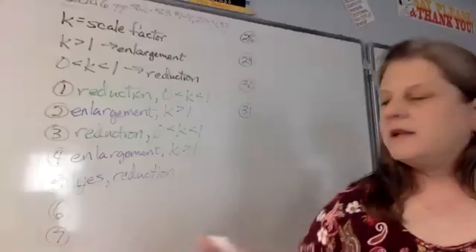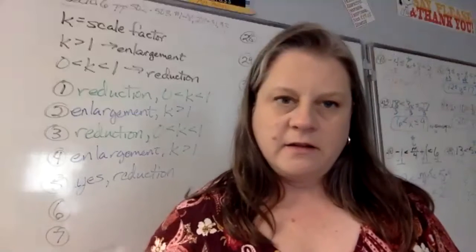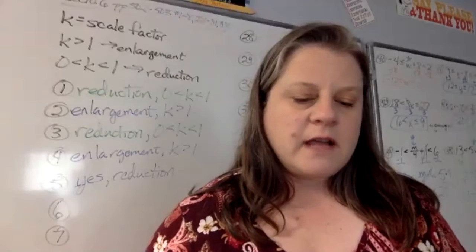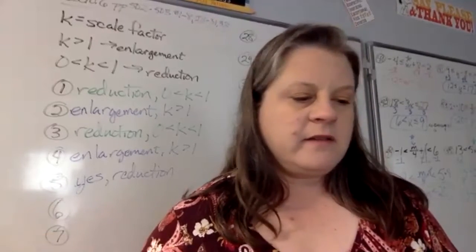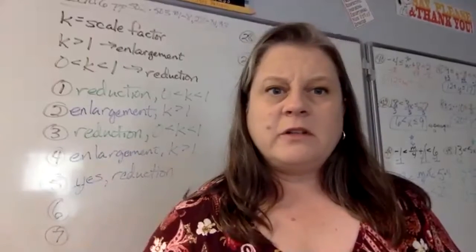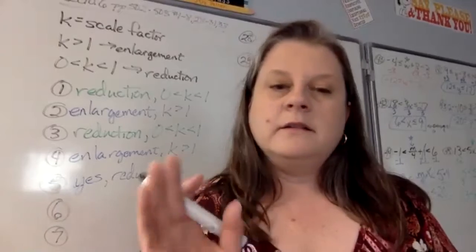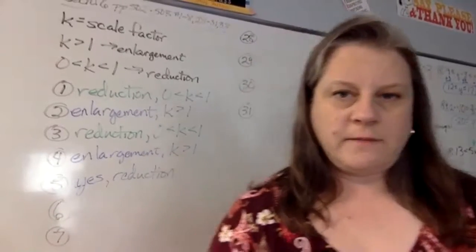Okay. So that's what I'm worried about. I'm not worried about you all actually figuring out K on this one. Because if you were going to try to figure out K on this one, then you actually have to measure the sides and stuff. And I'm sure if I asked you to try to find rulers and stuff, that would not happen. So we're not worried about that. We're just worried about whether you know it's a dilation or not.